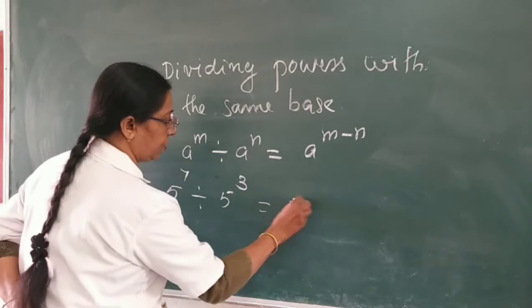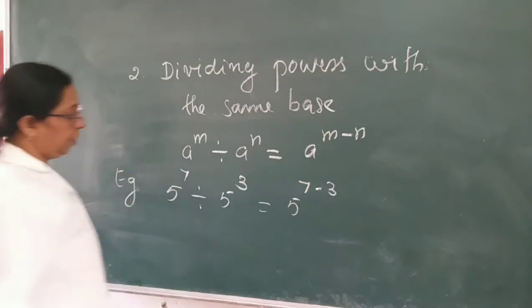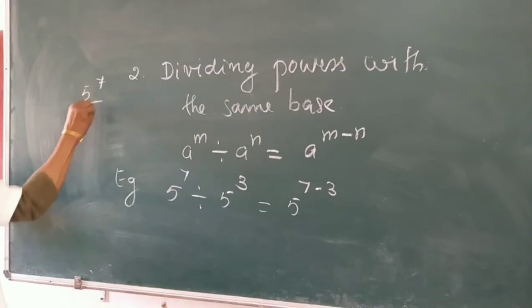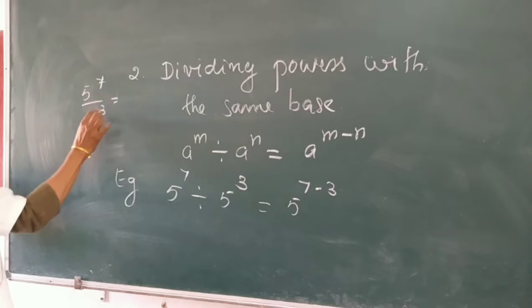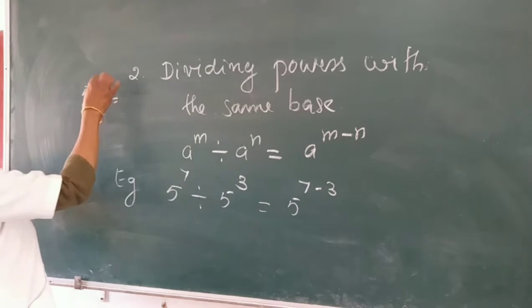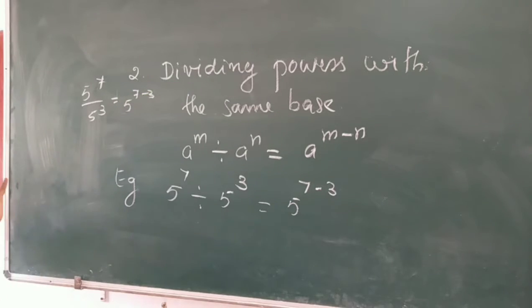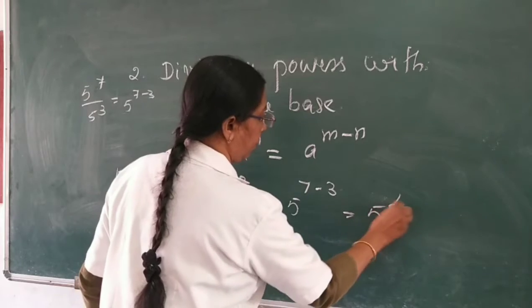That is 5 raised to 7 minus 3, that is 5 raised to 4. Yes, it is 5 raised to 4.